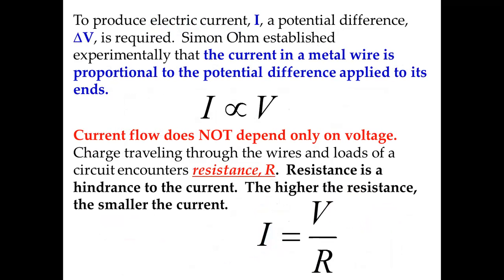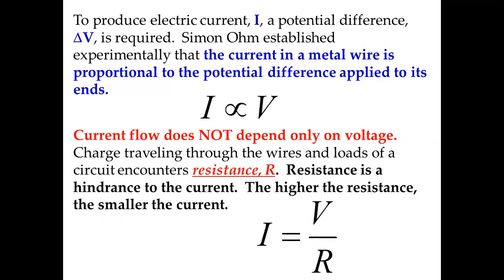Okay, we will talk about Ohm's law, which gives us the proper relationship of the current, voltage, and resistance. Ohm's law states that the current in a metal wire is proportional to the potential difference applied to its ends. The current is directly proportional to the potential difference. Current flow does not only depend on the voltage, it also depends upon the resistance.